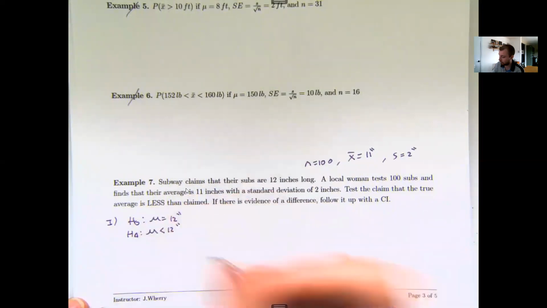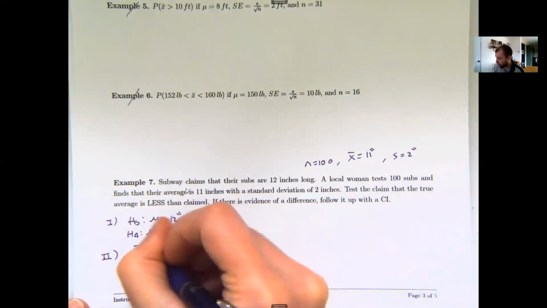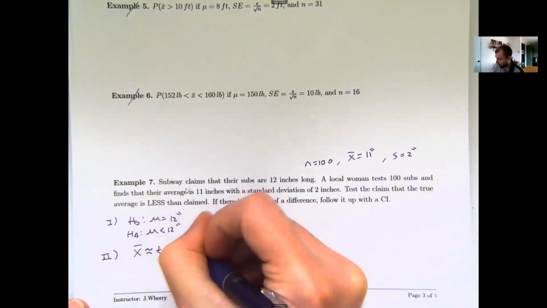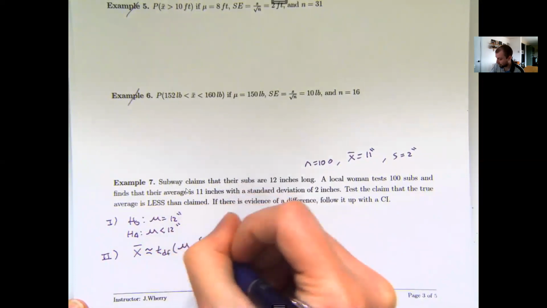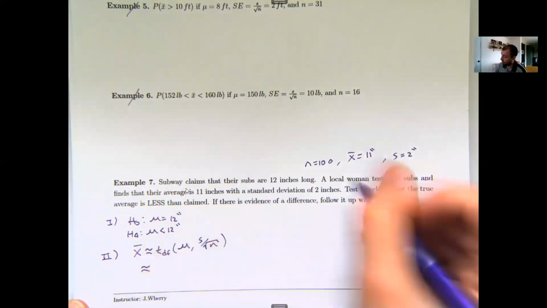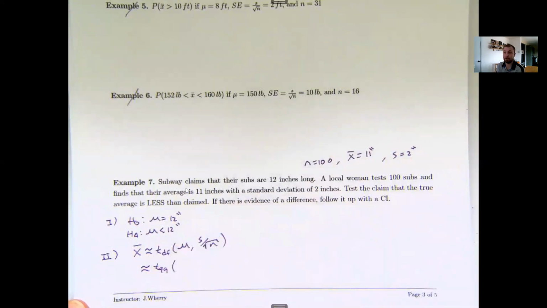I think it's less than 12. My model X bar should follow a t distribution, mu, S over the square root of n. If I have 100 samples, I should have 99 for my degree of freedom.